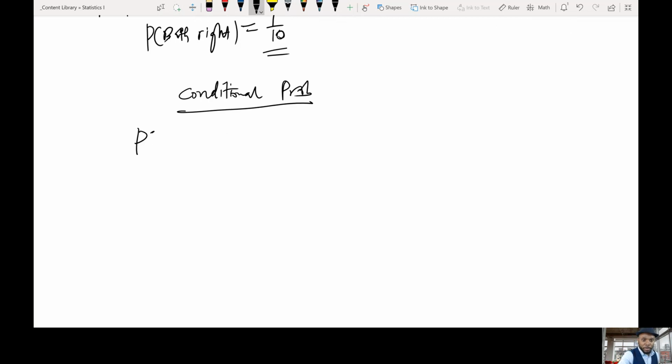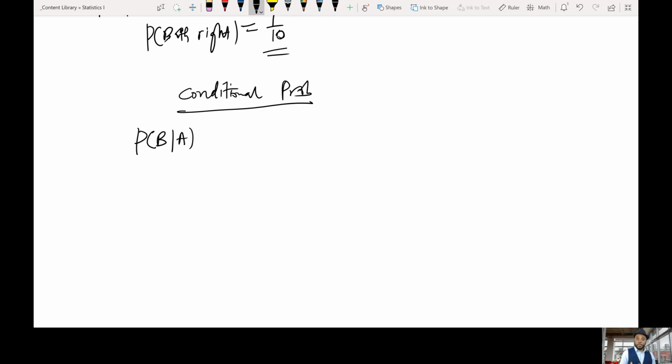If we see something like this, the probability of B, and then there's a pipe, A, this means: what's the probability of B occurring given that A has already occurred? That's how to interpret this. So this is a conditional probability. What's the probability that it's going to be sunny given that it had already rained, for example?